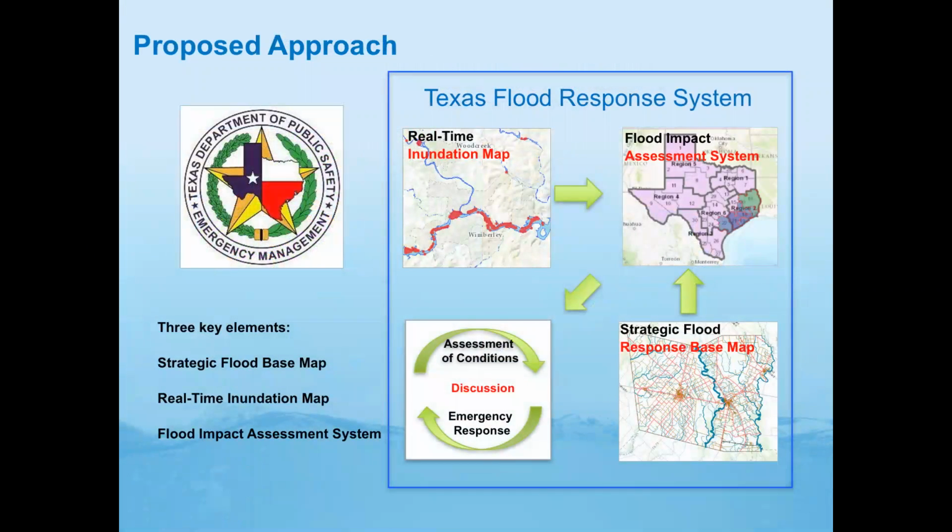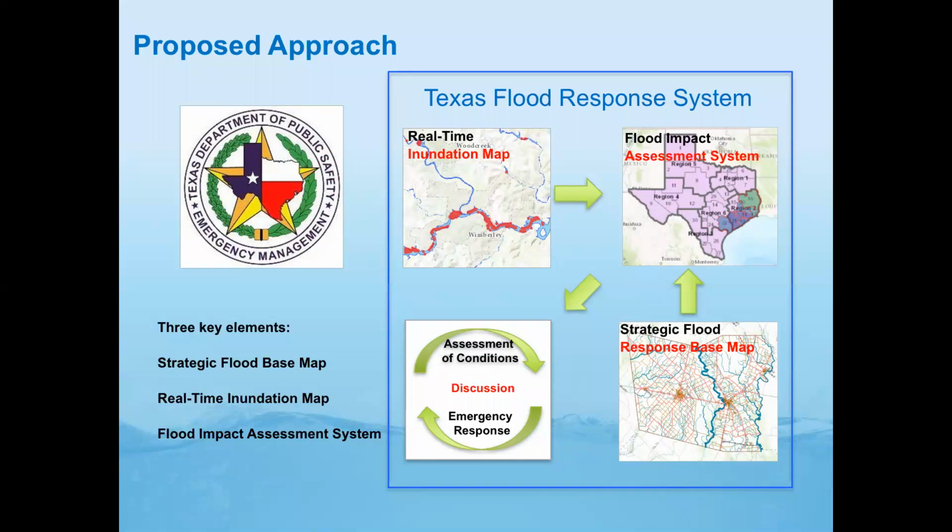So what we're proposing, and when I say we, I'm really talking about TDEM and David Maidman and Harry Evans. They're the key guys. I've been doing the GIS work on this, and I've been working in related fields, but they're the ones driving this project. And what we're working on are multiple levels.